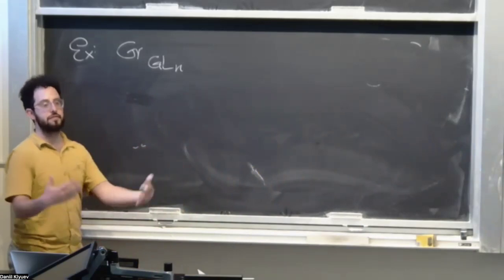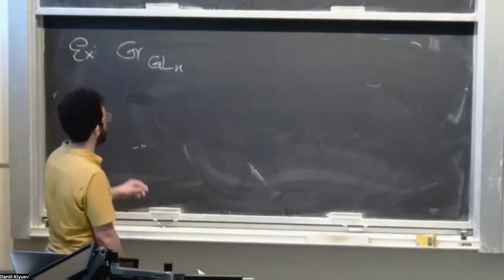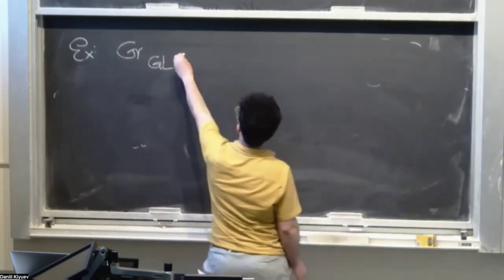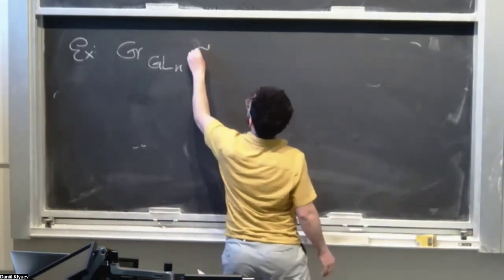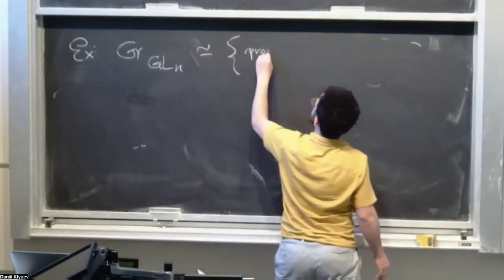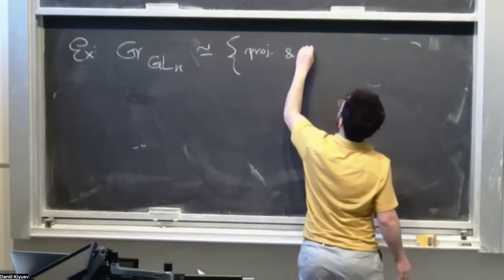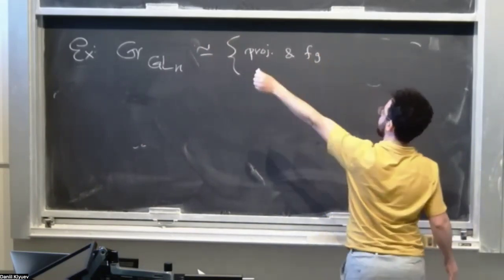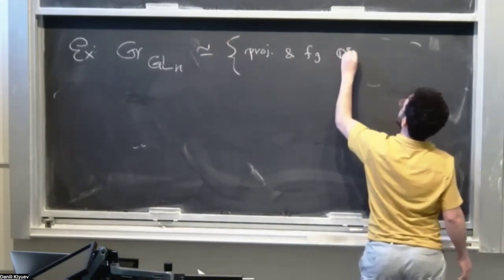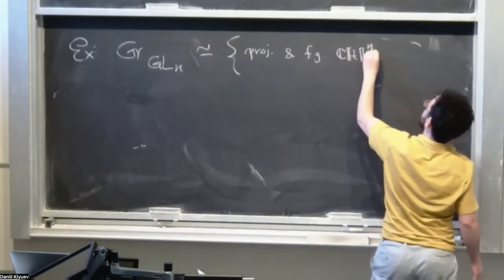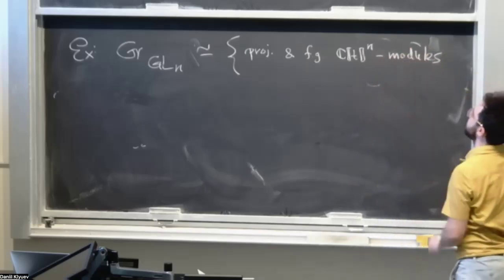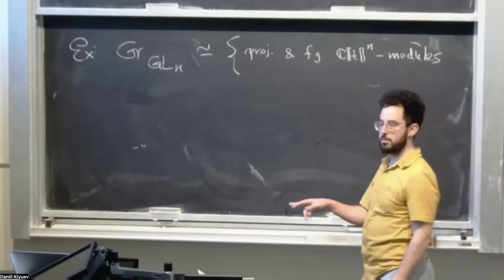A GLN bundle is a vector bundle, which is a projective and finitely generated module. So this is going to be the same as projective and finitely generated C[[t]] modules.